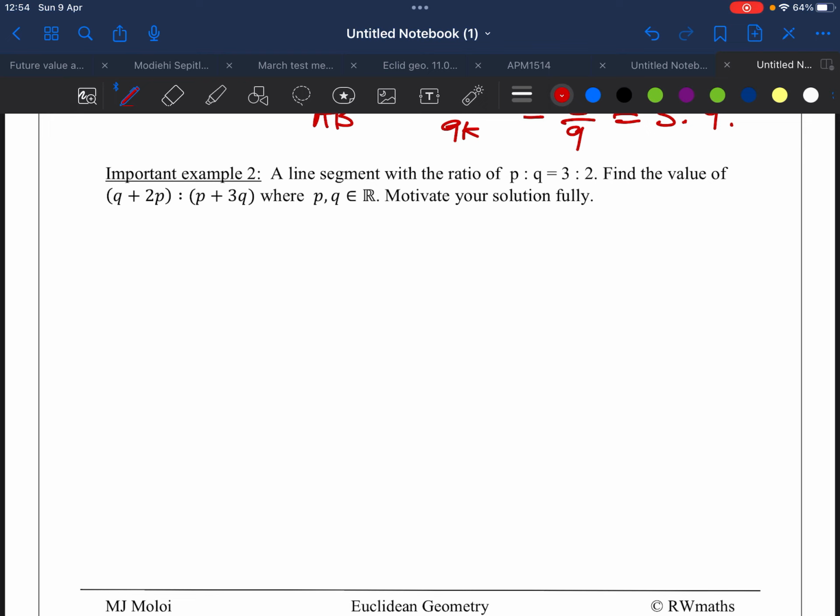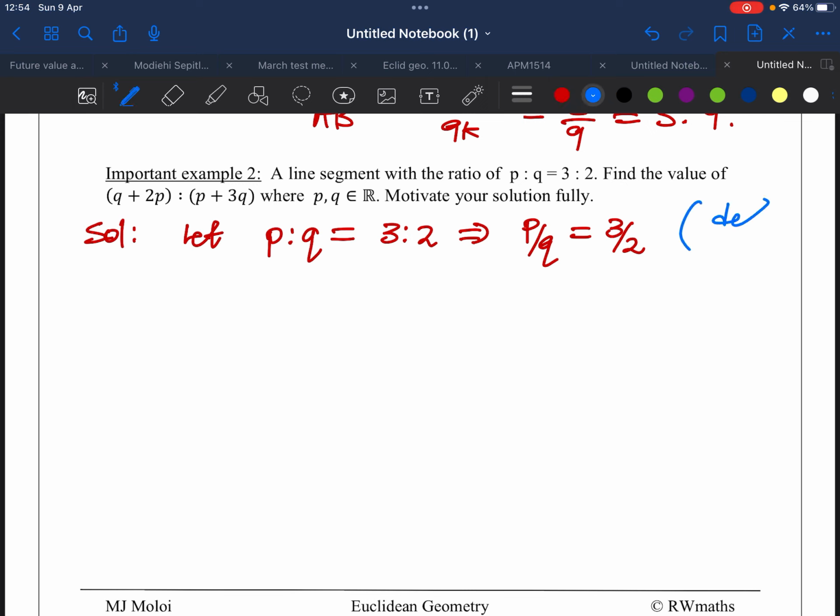So now let us try to solve this one. Let me start with my solution. Let P is to Q be equivalent to 3 is to 2. We know by definition of ratio or proportion that P over Q is equivalent to 3 over 2. This is just the definition of proportion.